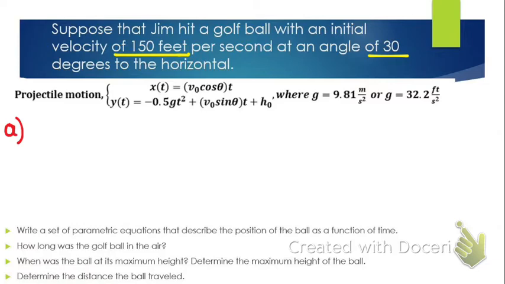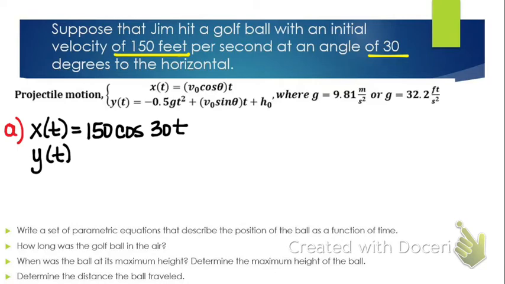Our first one, x of t equals 150 cosine 30 t. And then your second parametric equation, which is your vertical distance, we're using 32.2 for our gravity.